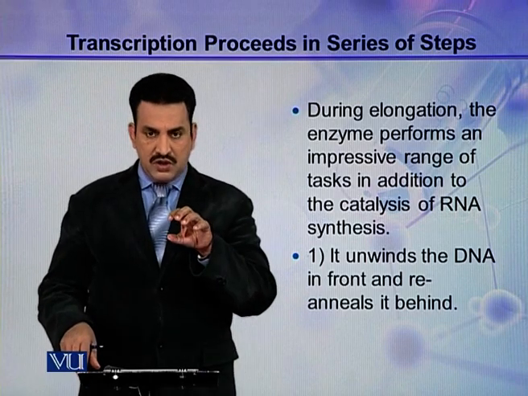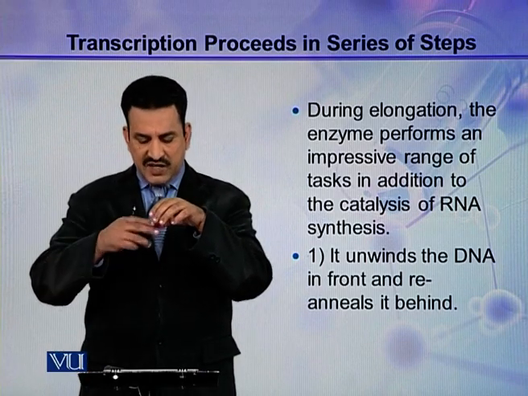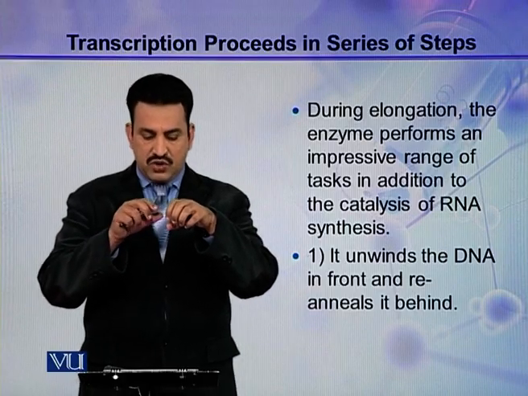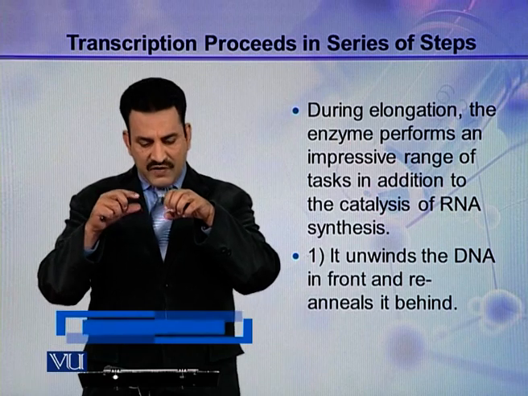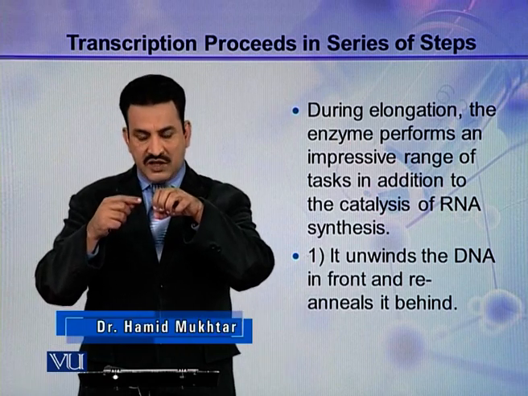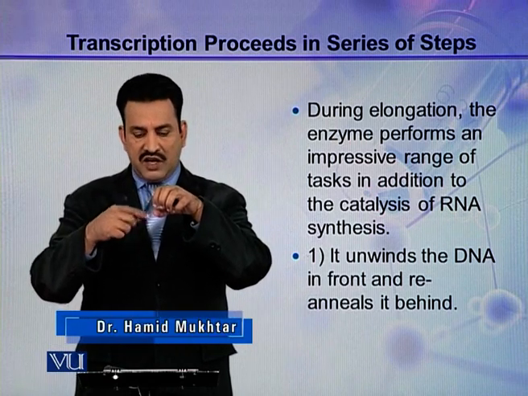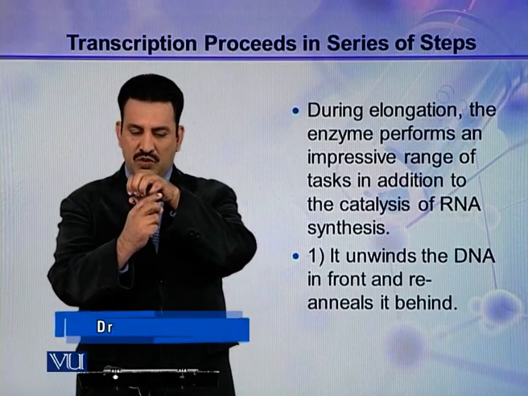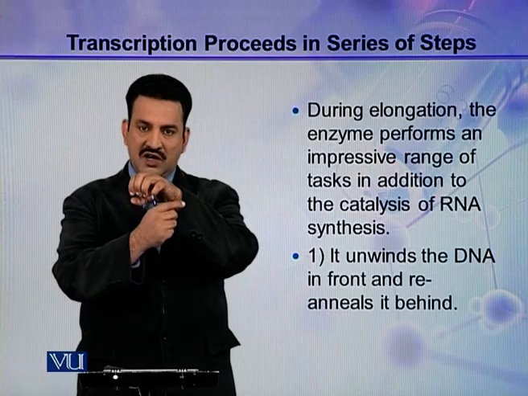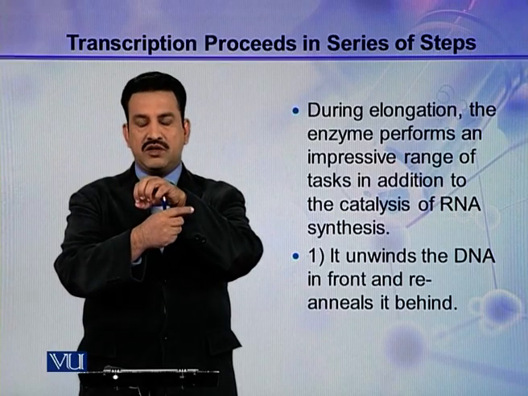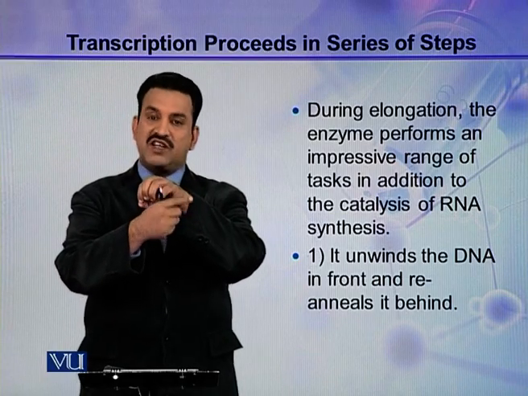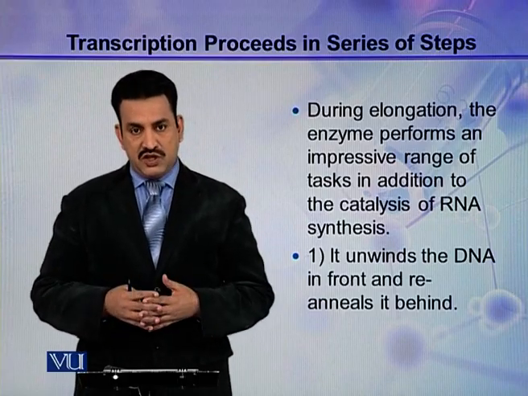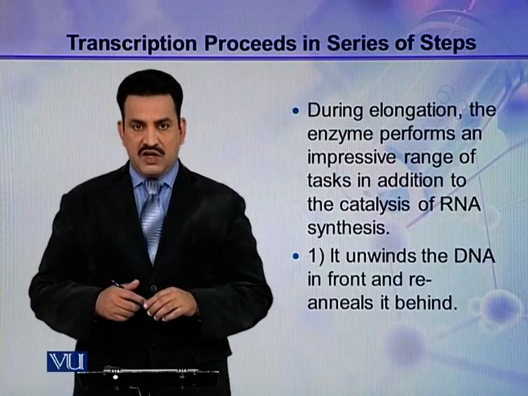So this is the complex formed. It unwinds DNA in front of this complex. Here the DNA unwinds, and when it passes through this complex, here it re-anneals, that is, it winds again. So this is an extra task in addition to the synthesis of the RNA strand.